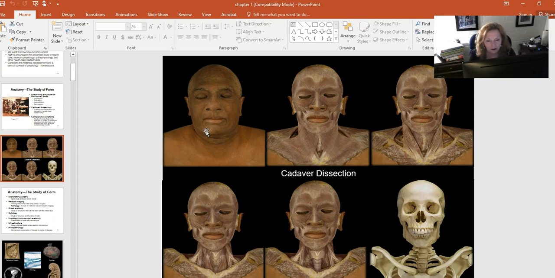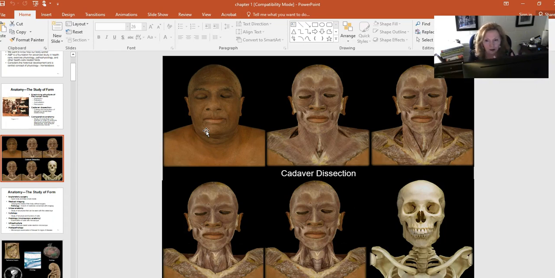Once a person dies, the tissues immediately start to change, immediately. So to prevent too much of a change, they will take a cadaver and usually expose them to preservatives, formaldehyde and other types of preservatives that can slightly change the tissue consistency.